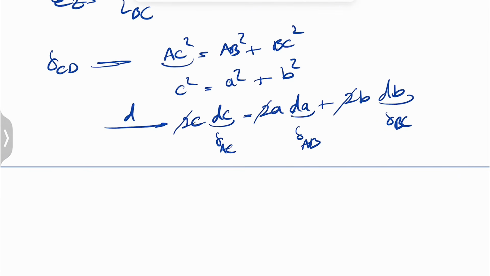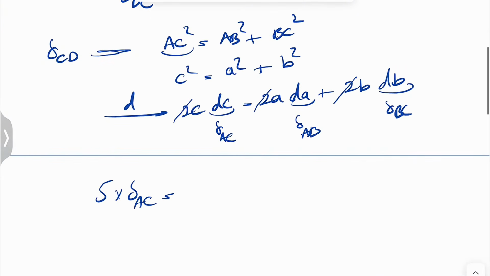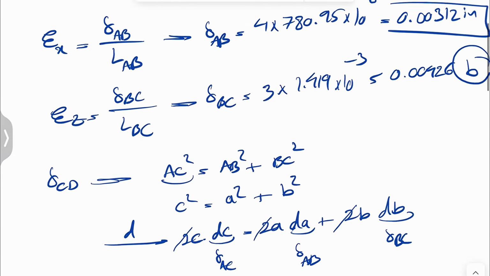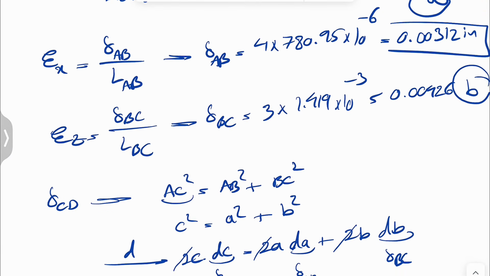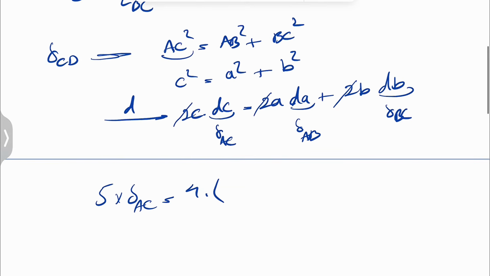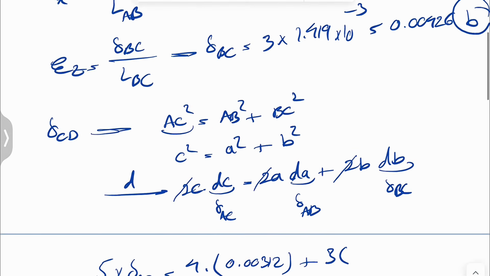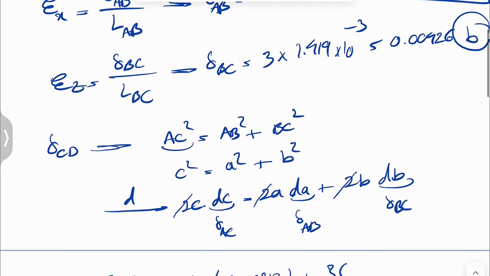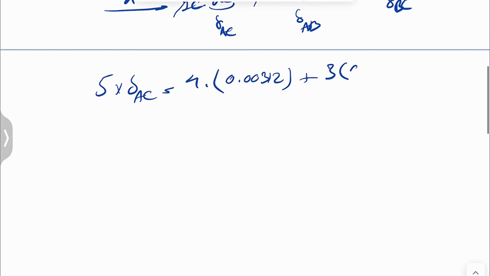For finding delta AC, which is what the question is asking, we have C times delta AC equal to A, which is AB, 4, times delta AB, which we figured out in part A, 0.00312, plus B, which is 3, times delta BC, which we found in part B, 0.00426. This gives us delta AC when divided by 5.